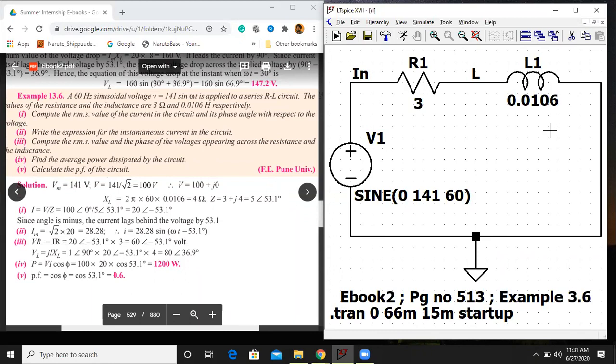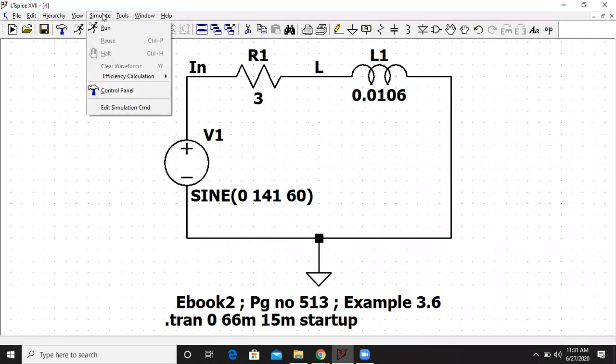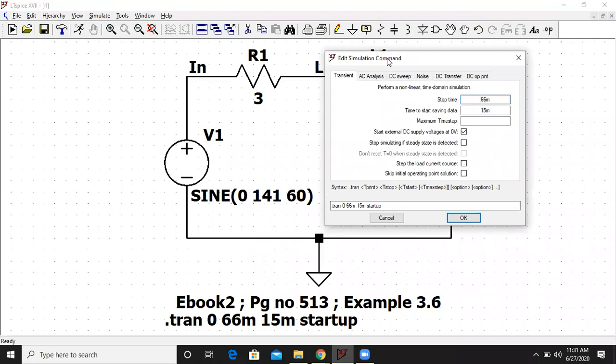So first let me build this up. Let me simulate. I hope that this is ready for you all. I'll go to simulate, then edit simulation command. Remember the time period over here, I will select it a little later. The frequency is around 60 hertz.